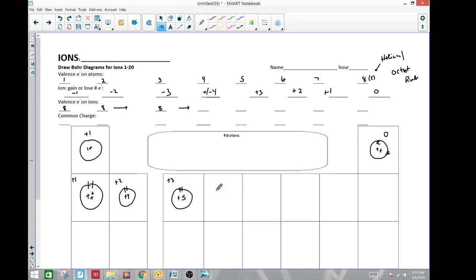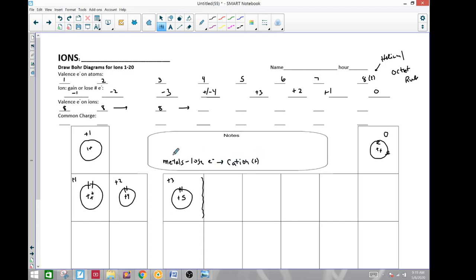And now we're starting to gain. This is a difference maker here. So metals lose electrons to form what we call cations, positives.